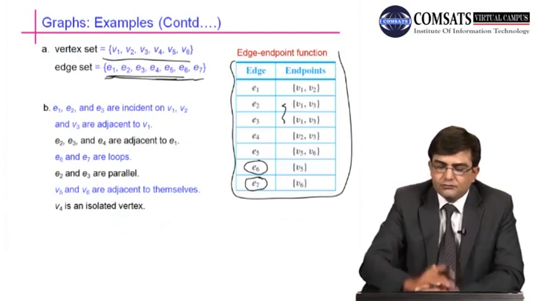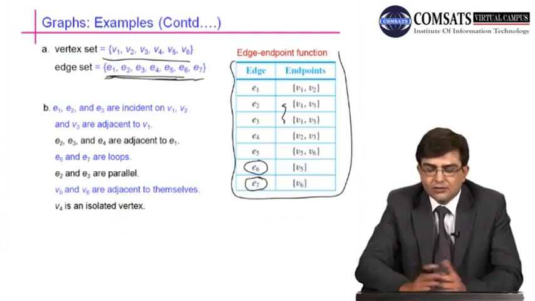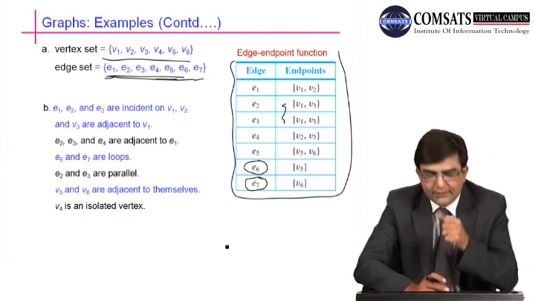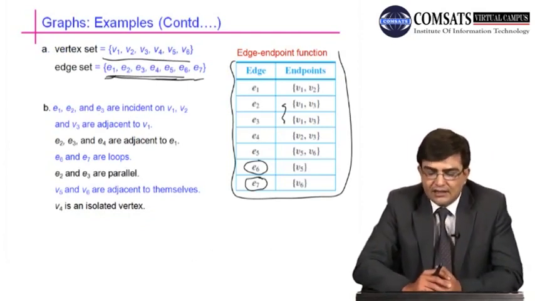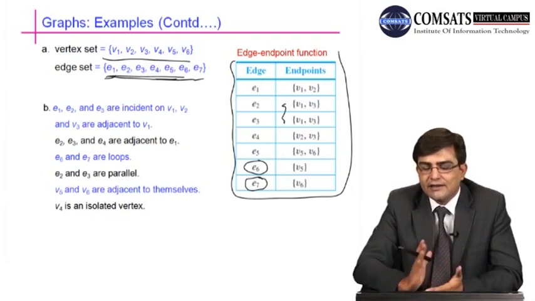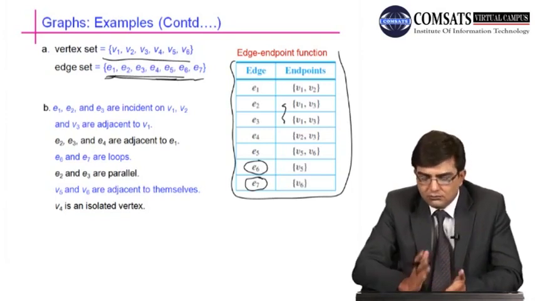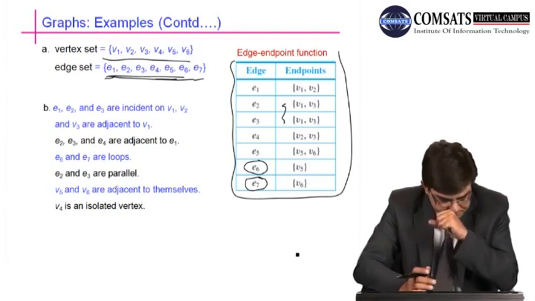Now this table, which is called the edge endpoint function, gives us the information about the edges and their endpoint vertices.